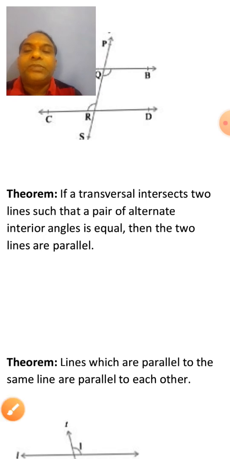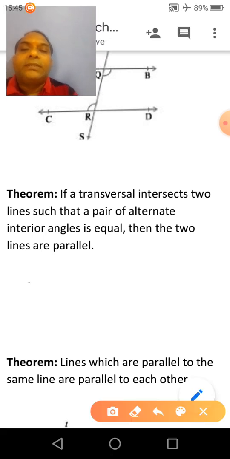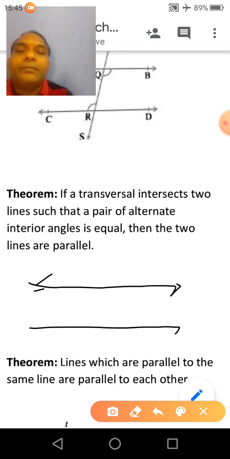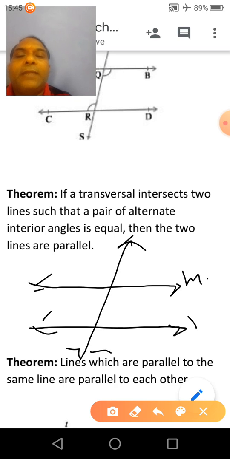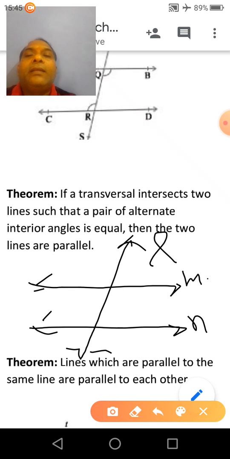Means, suppose these two lines, clear, a transversal line, this one, line M, line N and line L. Clear? So if a pair of alternate interior angles is equal, means this interior angle is equal to this one, then line M will be parallel to line N.